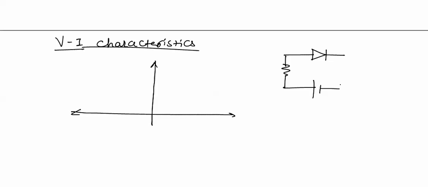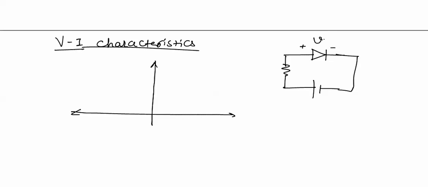Now we will draw the VI characteristics of a forward biased PN junction. In a forward biased PN junction, the VI characteristics are obtained practically by connecting the battery as shown in the figure.